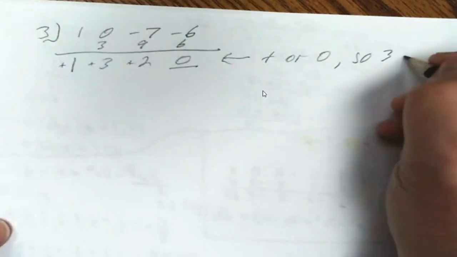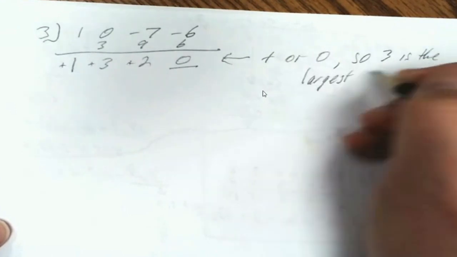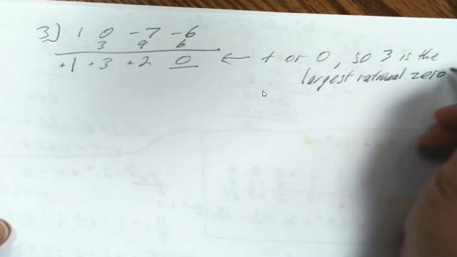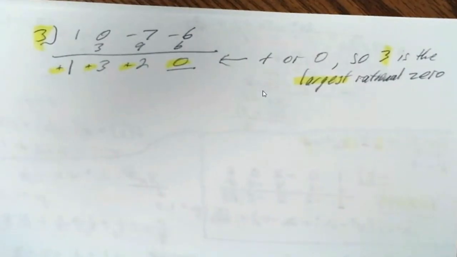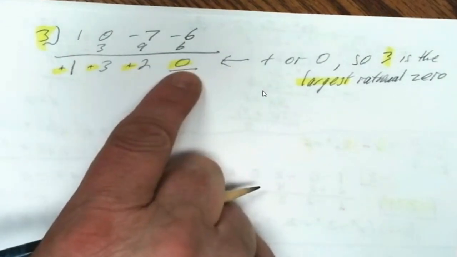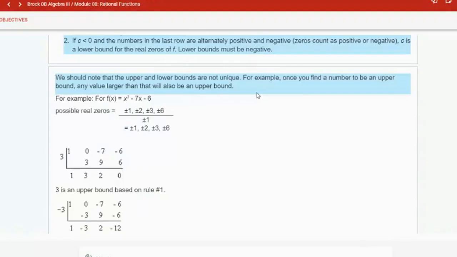So 3 is the largest rational zero. This 3 that we divided by is the largest because all of these are positive or 0. So we know we don't have to check the 6. The 6 was a possible solution for this equation, but 6 will have a remainder, guaranteed, because all these are 0 or positive.